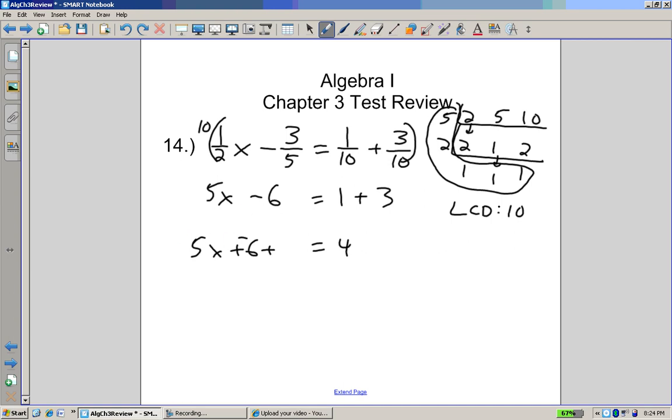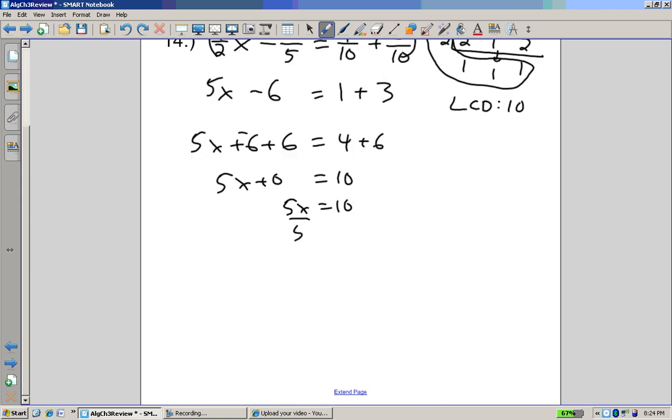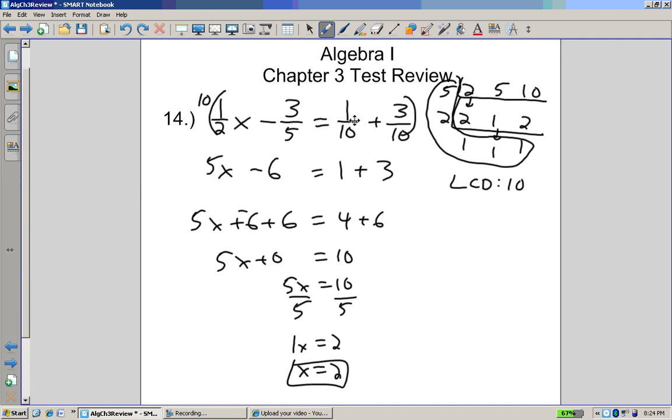First addition or subtraction, so we're going to add the opposite of this -6 on the same side with the variable. Then multiply, divide. And there we go. Clear the fractions, and then solve accordingly.